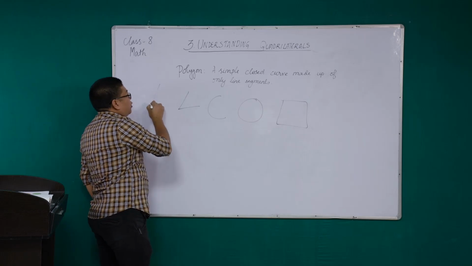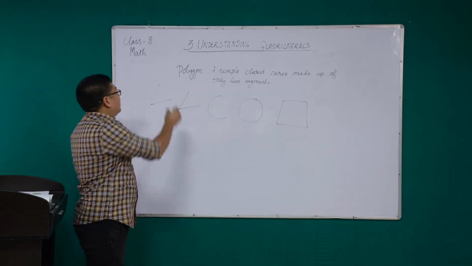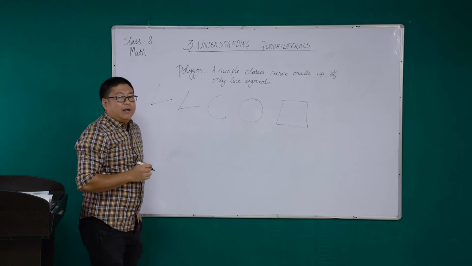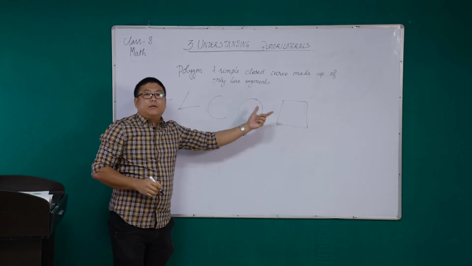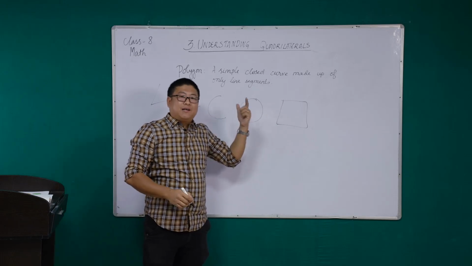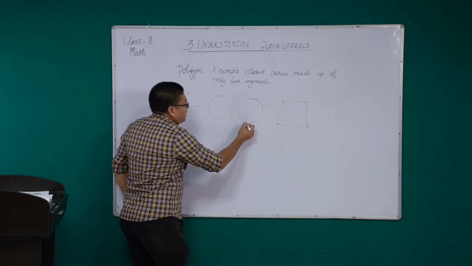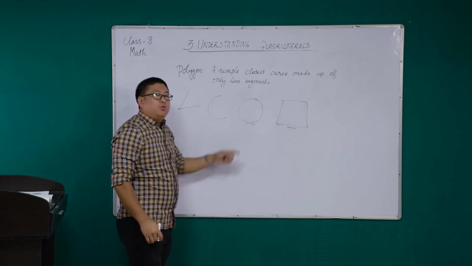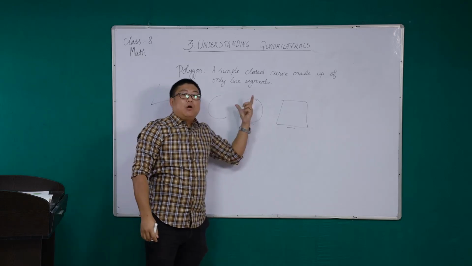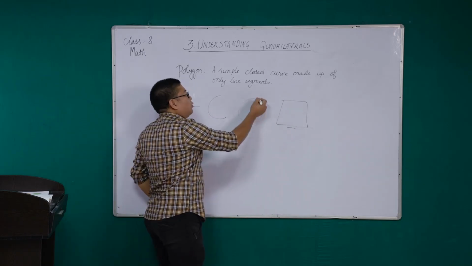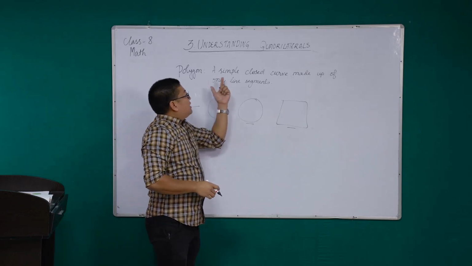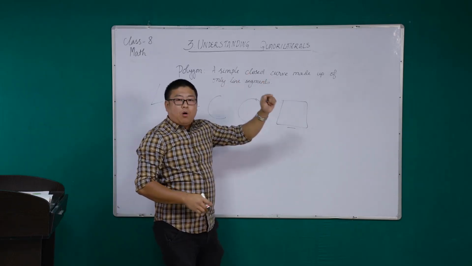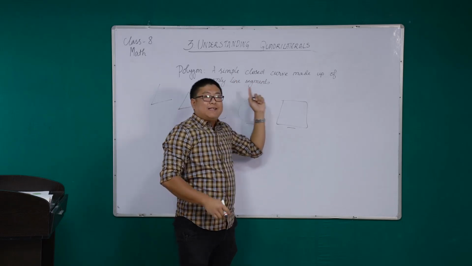Now, these curves that I've drawn are all called simple curves. If you look at these two, they are called simple closed curves because they are closed at all the ends.